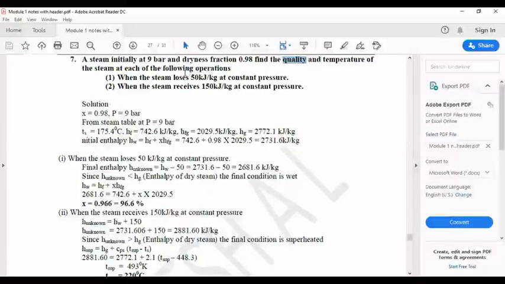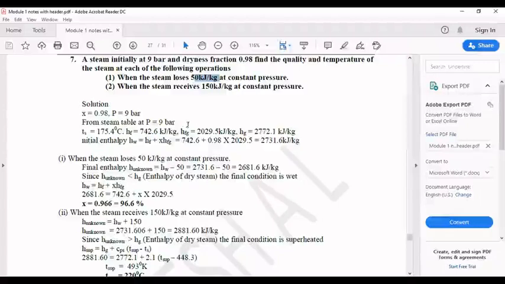The steam initially at this condition has some heat content, that is enthalpy. At this enthalpy, it is a wet steam because the dryness fraction given is 0.98. If it loses this 50 kilojoule per kg, then what will happen to the condition?